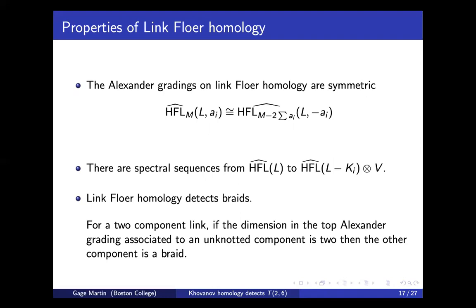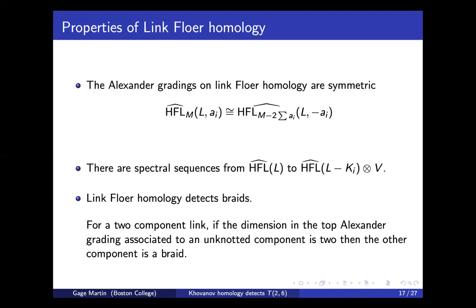And one way to see why this is true is by basically the same sorts of techniques that show that knot Floer homology detects fiberedness by having your highest Alexander grading have rank 1.